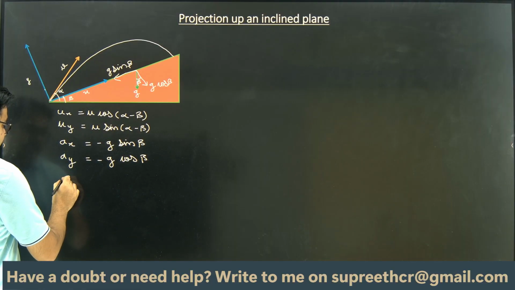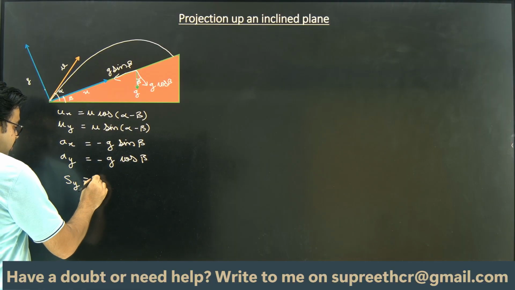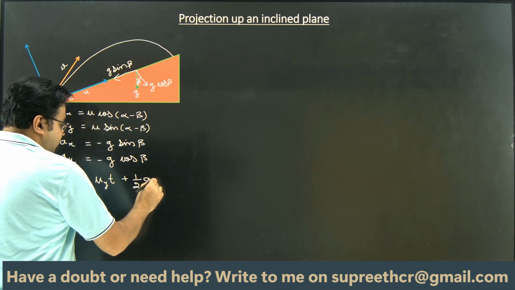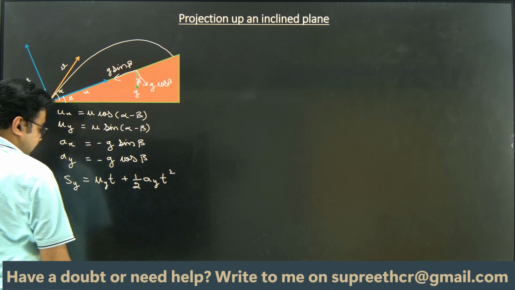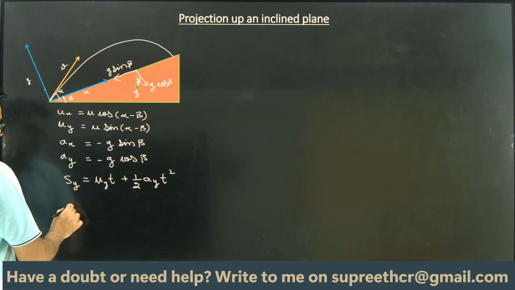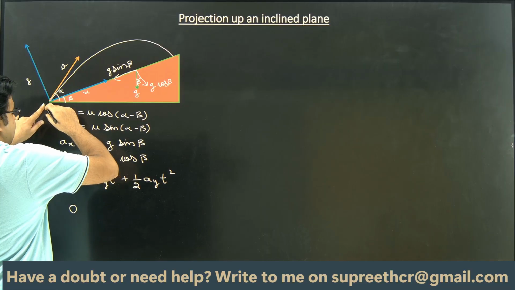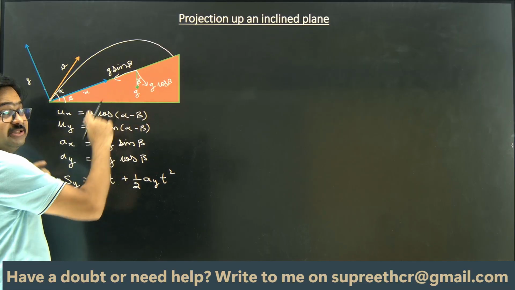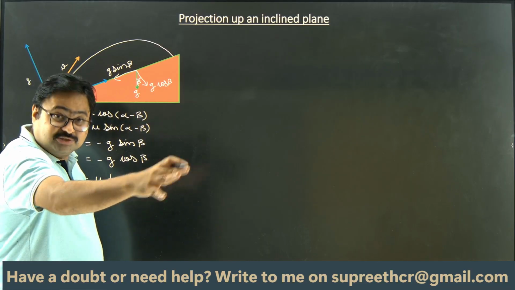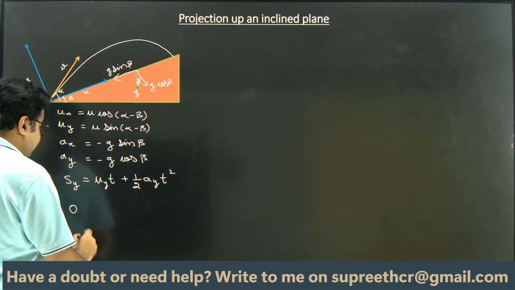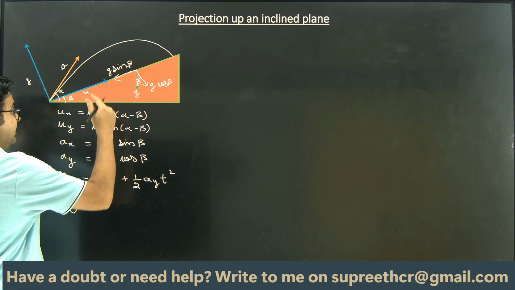If you do that, we have sy equal to uy into t plus half ay into t square, my dear friends. If you're talking about the displacement becoming zero, then it is the amount of time that it takes for the projectile to land back on the incline. That's what is called time of flight. So instead of small t, we will employ capital T representing the time of flight.